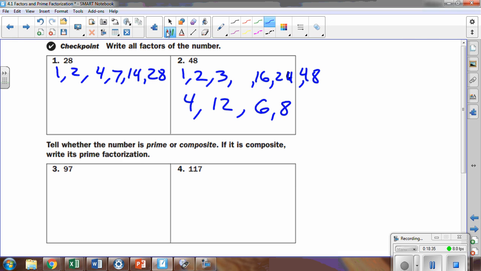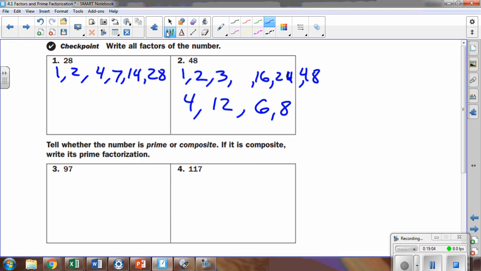Next set that we're looking at, is it prime or composite? And what does prime mean? Prime means it has exactly 2 factors. So you can't split it up. Prime numbers cannot be split up, composite numbers can. So can 97 be split up? Yeah.